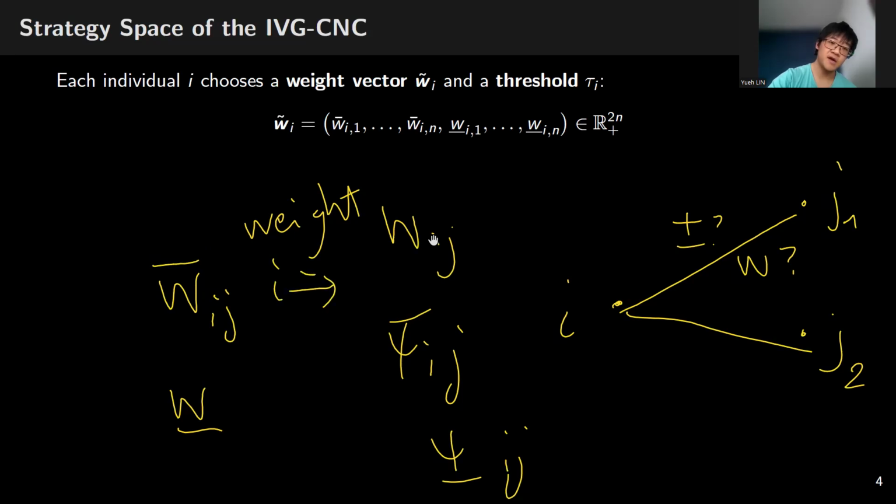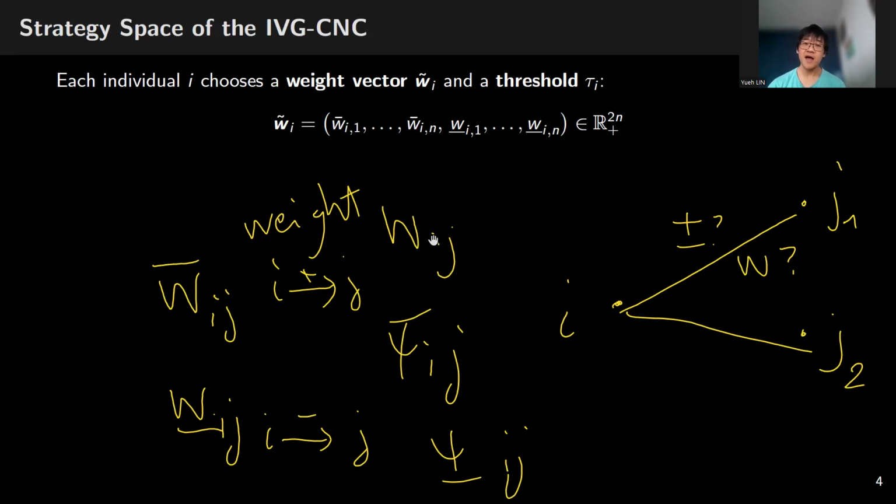So I is friend with J, in this case, we denote it with W overline. On the other hand, if I is enemy with J, we use W underscore ij. Normally, two individuals cannot be friends and enemies at the same time, so at least one of them should be zero.